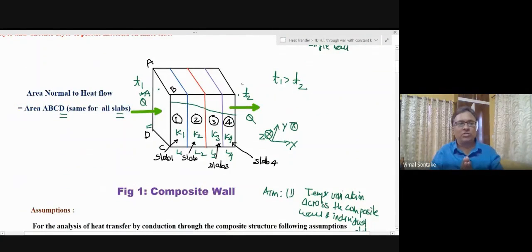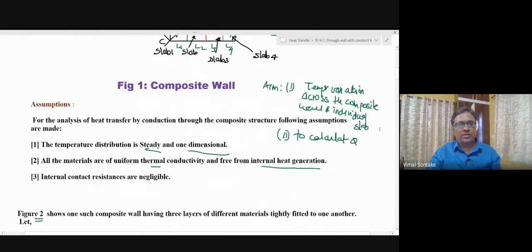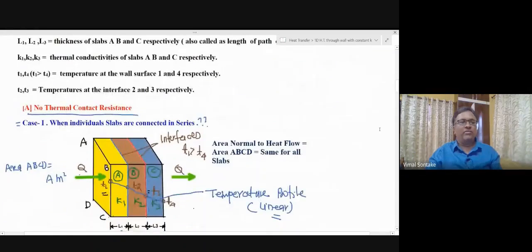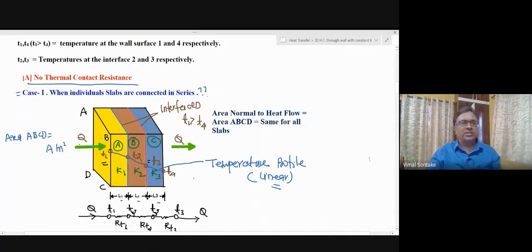First, we have talked about the composite wall, the wall which is made up of different single plane walls held together. The material can be different and their thermal properties can also be different. Then we started our discussion considering no thermal contact resistance and steady, one-dimensional heat transfer. So we analyzed the heat conduction through composite wall when individual slabs are connected in series.